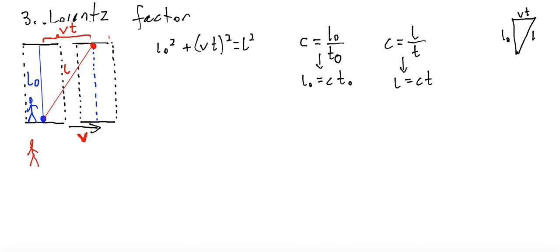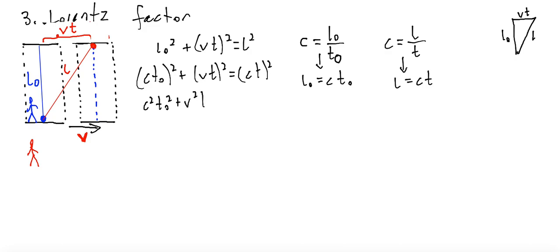L0 squared, c t0 squared, plus vt squared is equal to L squared, ct squared. So we can write c squared t0 squared plus v squared t squared is equal to c squared t squared.